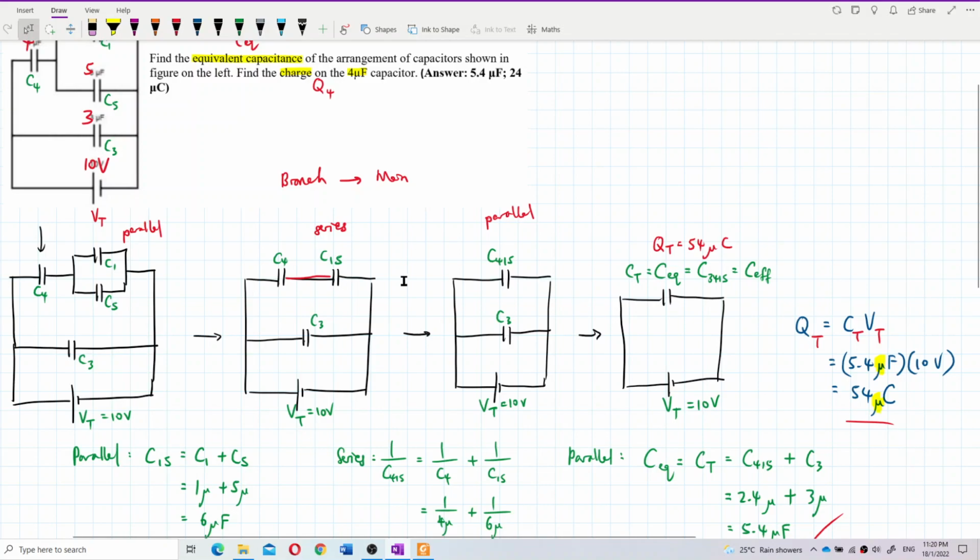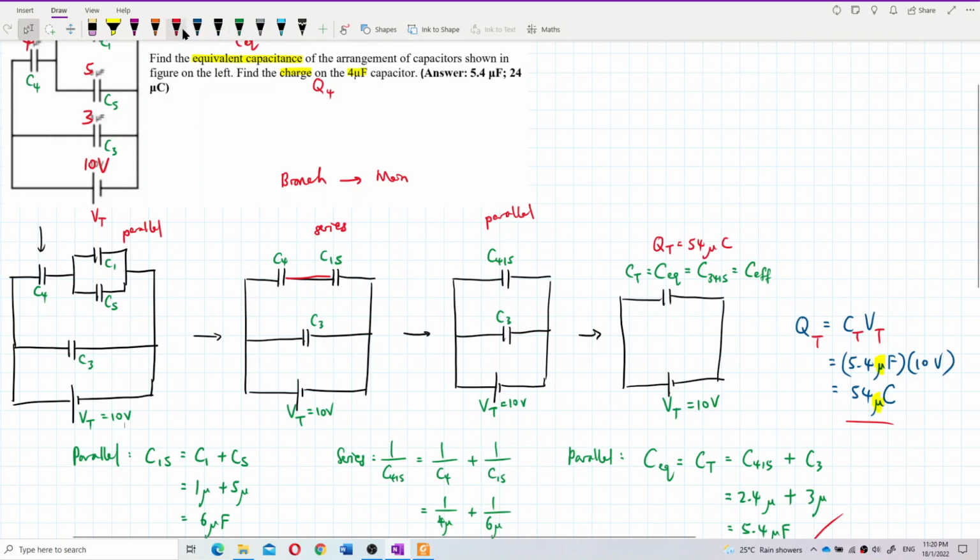Okay, like this is better. So we know that this is V total, right? The voltage across this parallel circuit is V total. So V total is 10 volt.